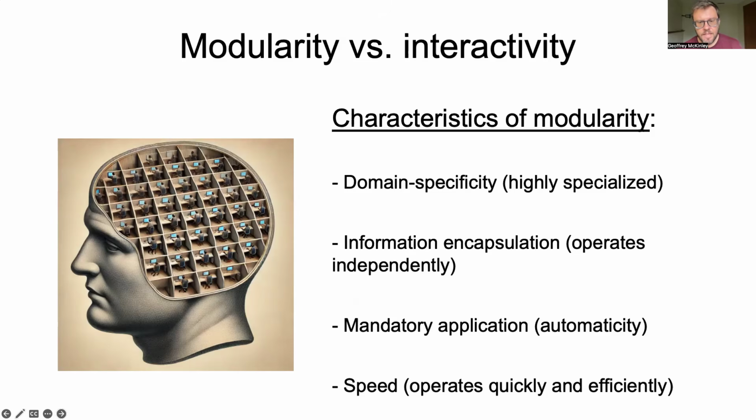And then finally, the thing that modularity buys you is speed. Modular processing transforms input into output, and it does this in a quick and efficient way. What do I mean by transforming input into output? If the input is patterns of intensity values picked up by photoreceptors in the retina, the processing transforms that into output, or representations of three-dimensional objects, in a quick and efficient fashion.